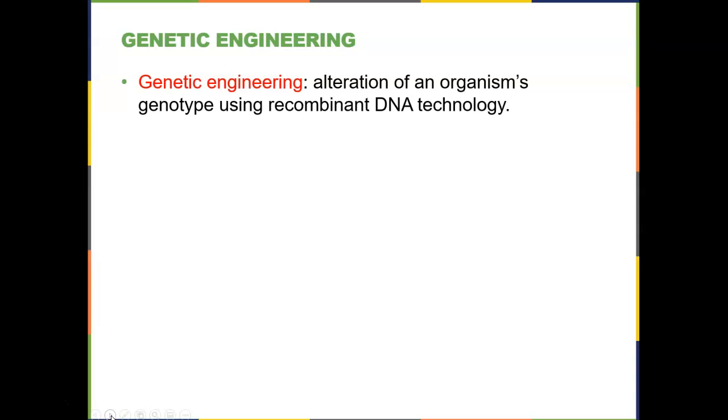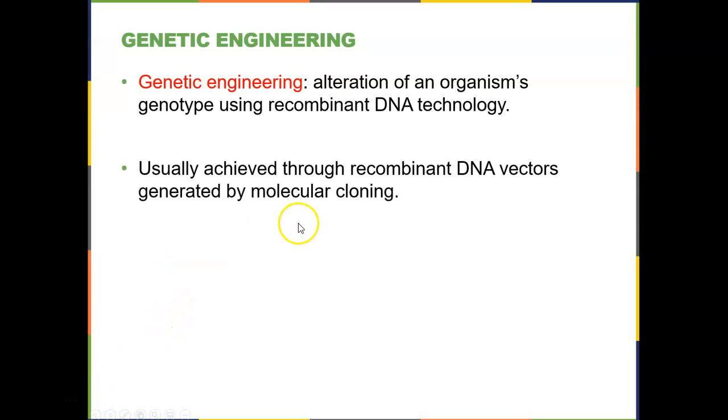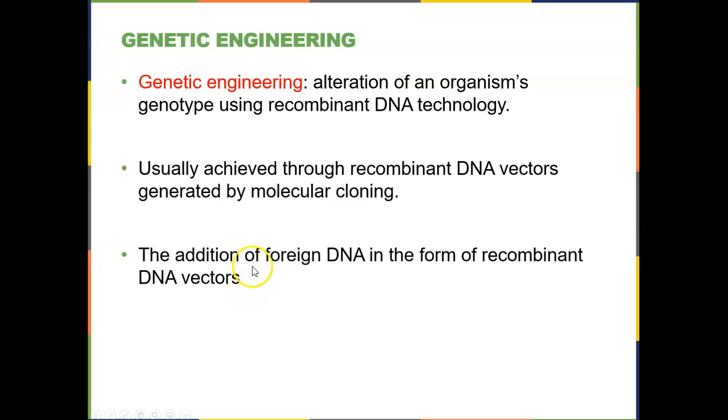So we can actually use new pieces of DNA and introduce them into an organism and create new techniques and new organisms that can be beneficial to living things. So we do this using recombinant DNA vectors, either bacteria or viruses. And we're going to add in the foreign DNA using these recombinant DNA vectors.